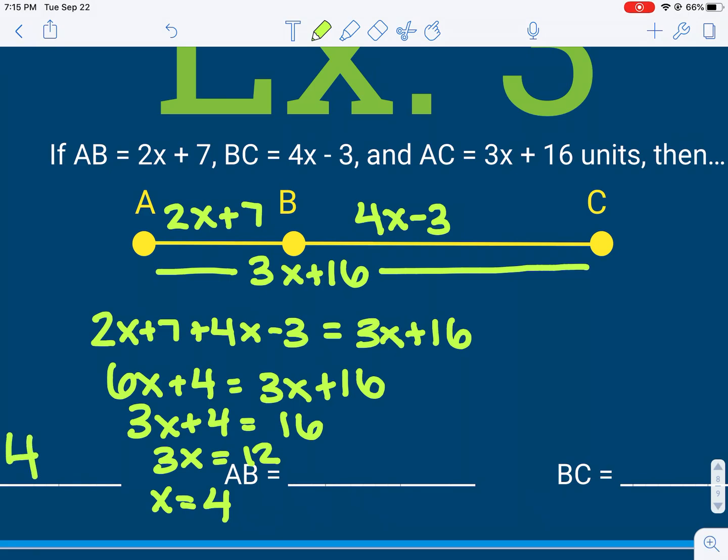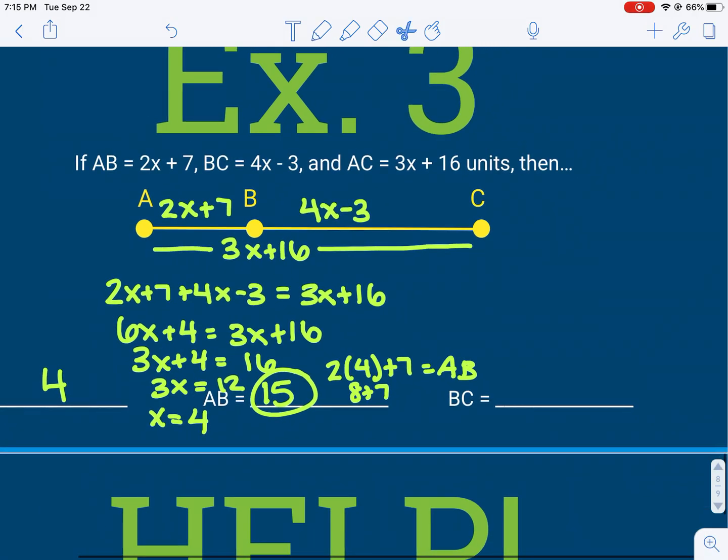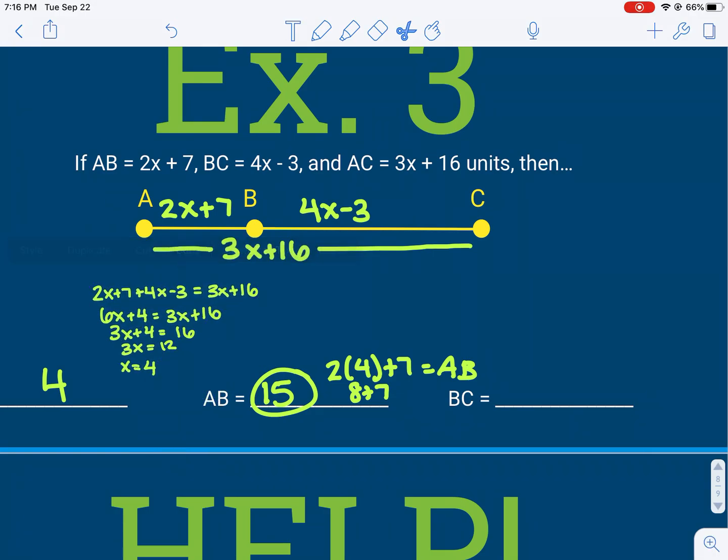Plugging that 4 in for AB, I get 2 times 4 plus 7 equals AB. So 8 plus 7 equals AB. So 15 is AB, and my work is getting real crowded here, so I'm going to squish it down a little bit. Perfect. And then I'll do the same thing for BC.